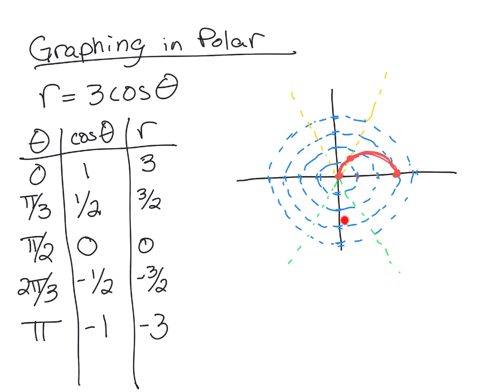And I'm going out to 1.5 backwards, right? All my points have to be within that wedge. And now from 2 pi over 3 to pi, I'm in this wedge, but all of my values are negative.